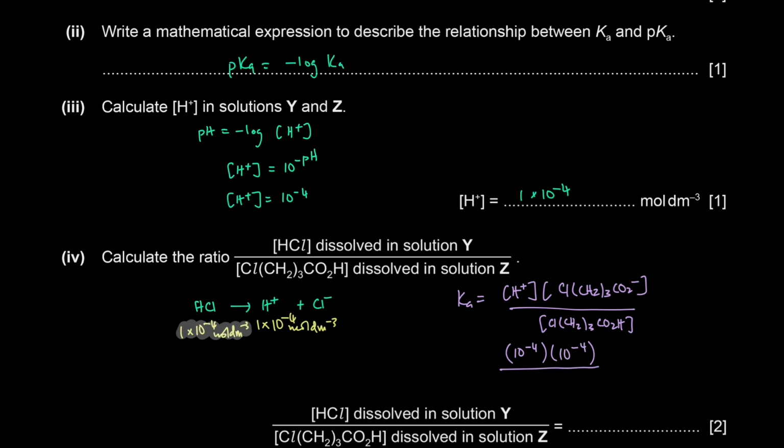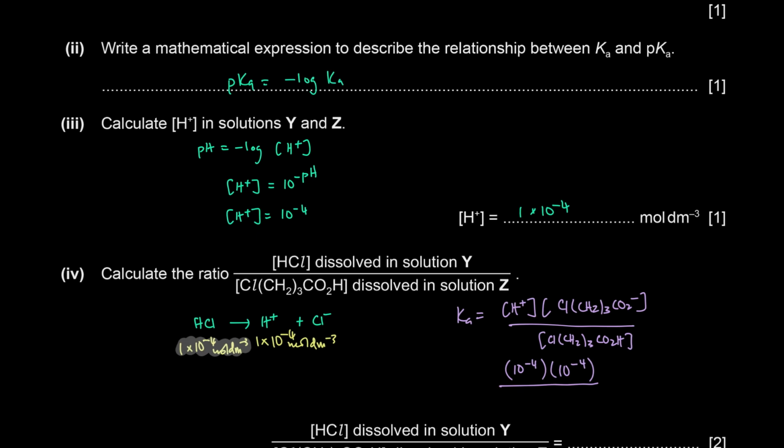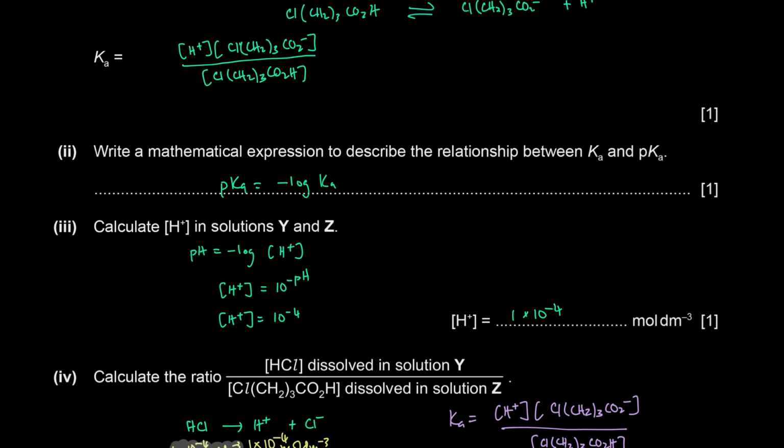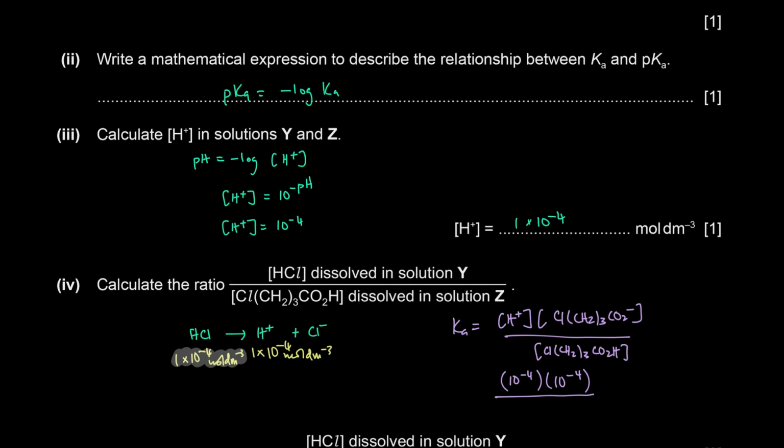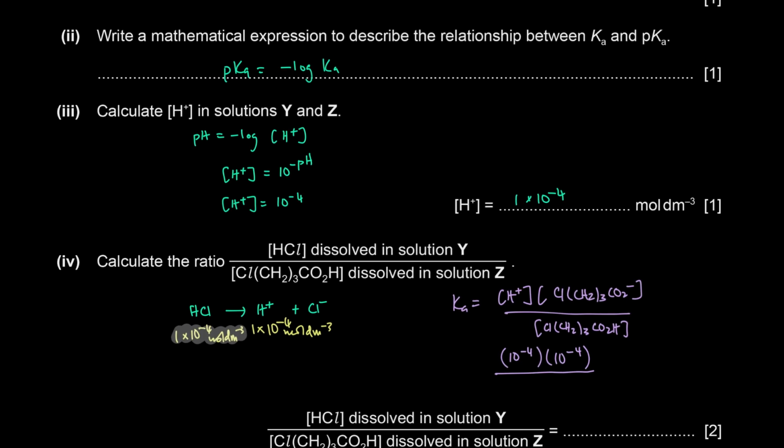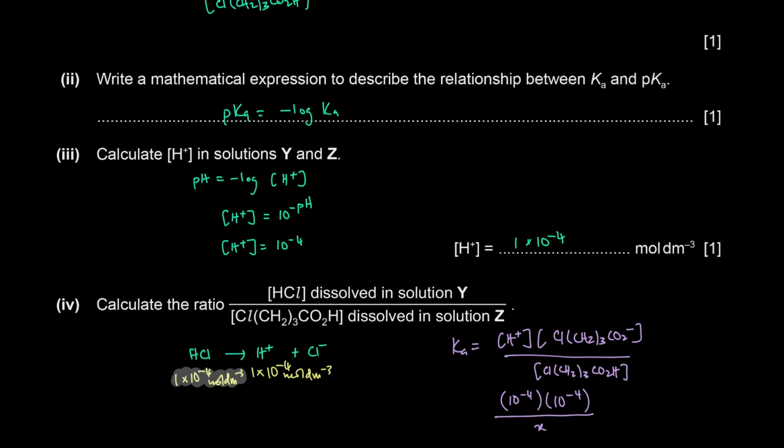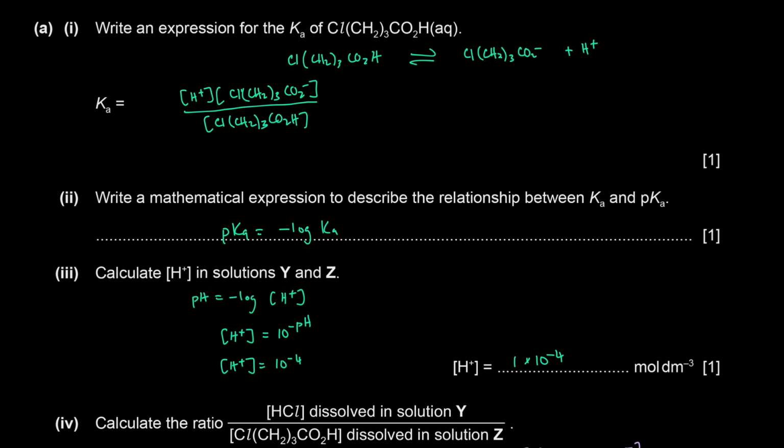And can I say that at equilibrium, the concentration of the acid that was dissolved in the solution is the same as the concentration at equilibrium? You guys remember that assumption for weak acids, right? For weak acids, we can assume that whatever initial concentration we had for the acid is the same concentration that we have at equilibrium. So the concentration at equilibrium, that's what we have to find here, is equal to X, okay?